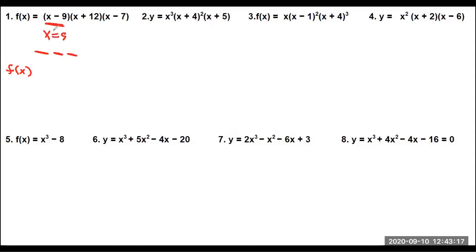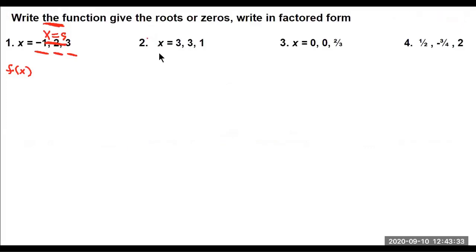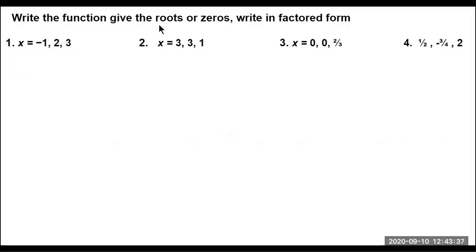All right. Now, what's going to happen is we're going to reverse this process. I'm going to give you the 0, and I want you to make up the factor that's going to cause it. Does that make sense? So watch. So here, instead of you finding the 0, I'm giving you the 0.